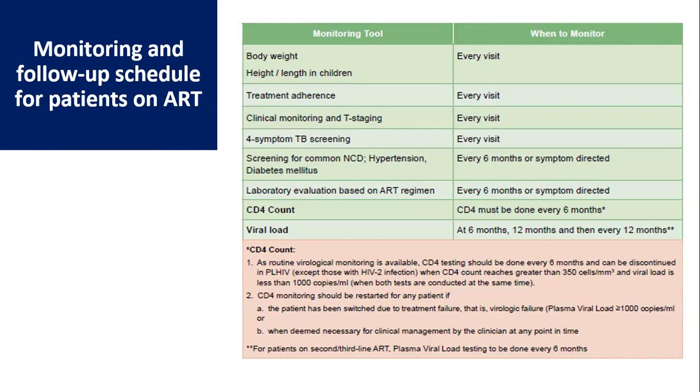Now, CD4 count every 6 months, and viral load at 6 months initially, then after 12 months, and thereafter annually for first-line ART, but for second-line and third-line ART, the viral load has to be done every 6 months.